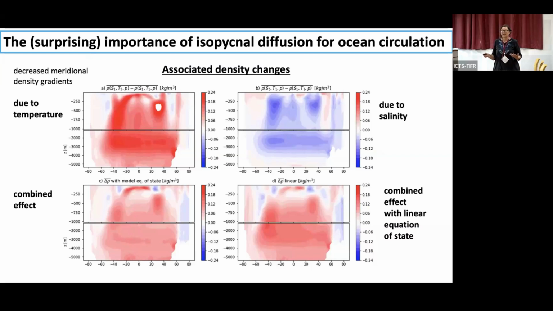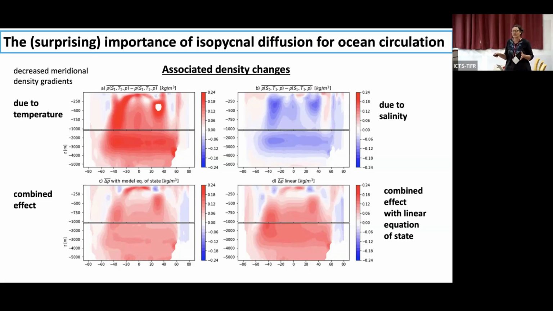If you look at the effect of temperature and salinity on these density differences, this is the effect of temperature. You see here that the effect of temperature is that this gets denser, and the effect due to salinity is that, since it leads to a freshening, the density here gets smaller.